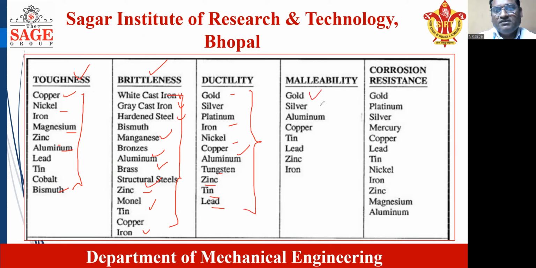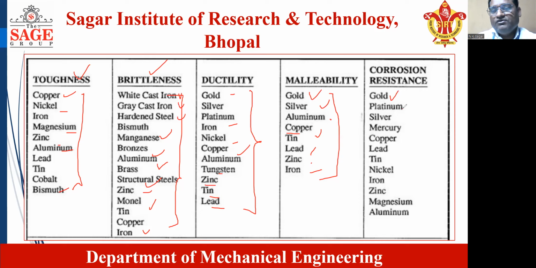Then again, gold, silver, aluminum, copper, tin, lead, zinc, iron are all malleable materials. Some materials have common properties. Gold is ductile as well as malleable. Copper is a malleable material and also ductile, and it also has toughness.